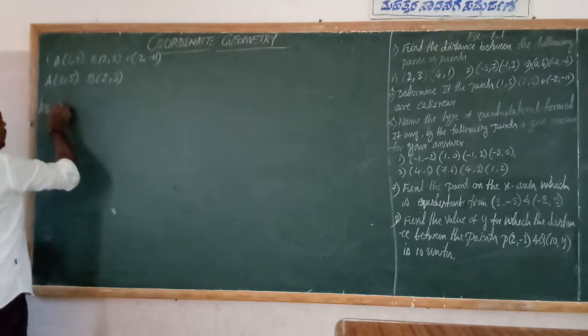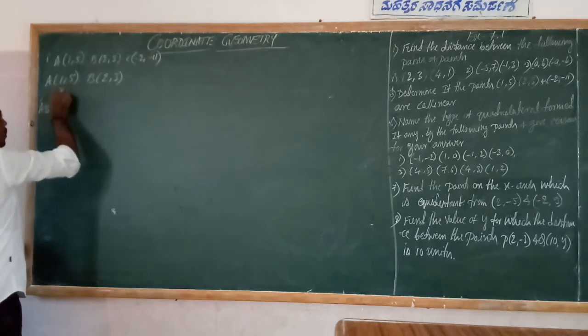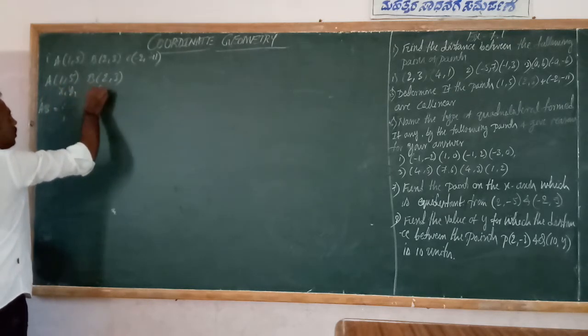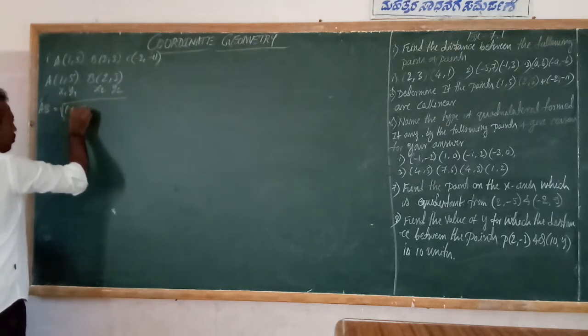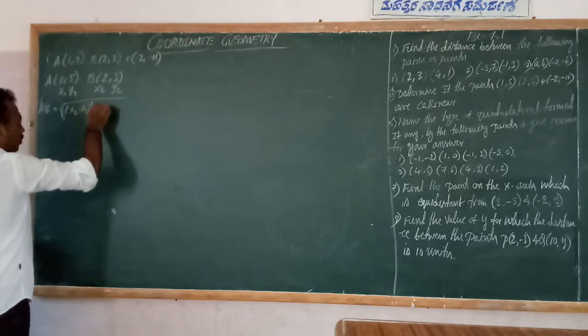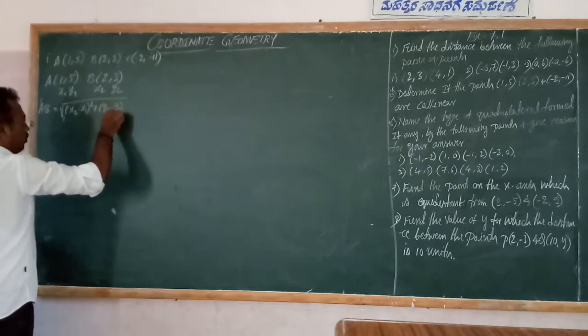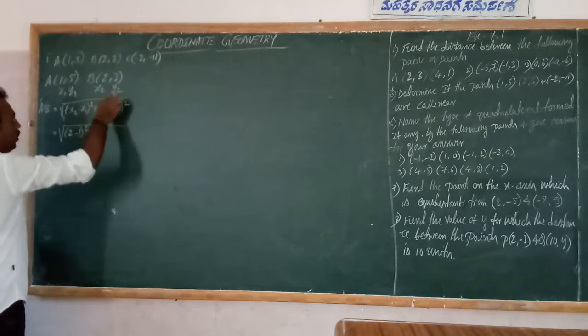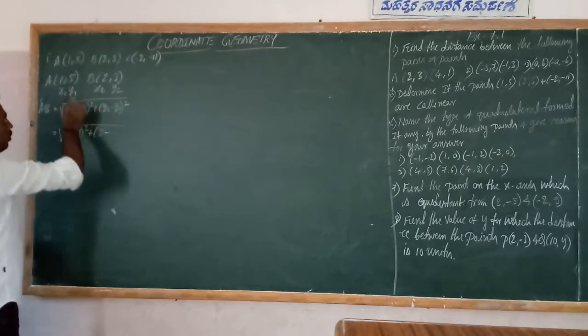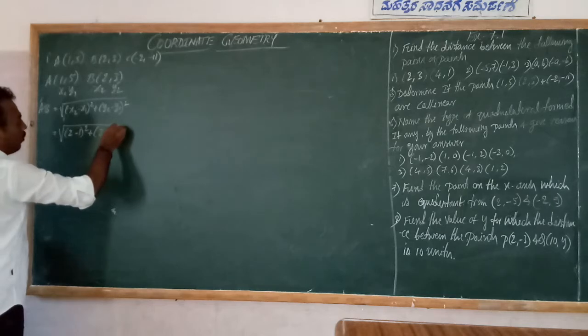See, this is x1, y1 and this is x2, y2. So the distance AB is the square root of the same formula: x2 minus x1 whole square plus y2 minus y1 whole square. x2 is 2 minus x1 which is 1: 2 minus 1 whole square, plus y2 which is 3 minus y1 which is 5: 3 minus 5 whole square.